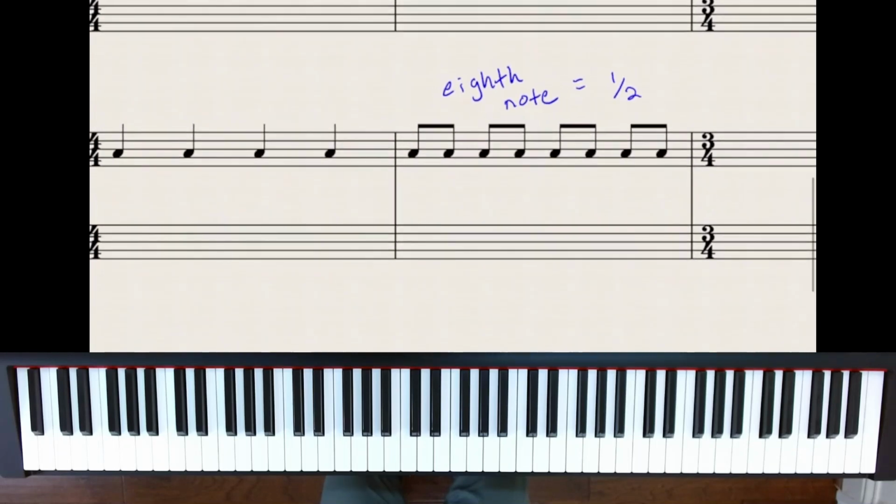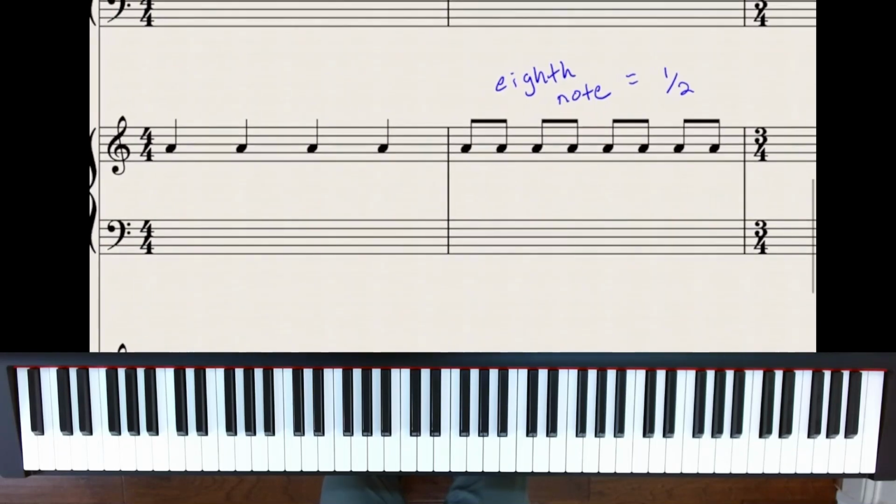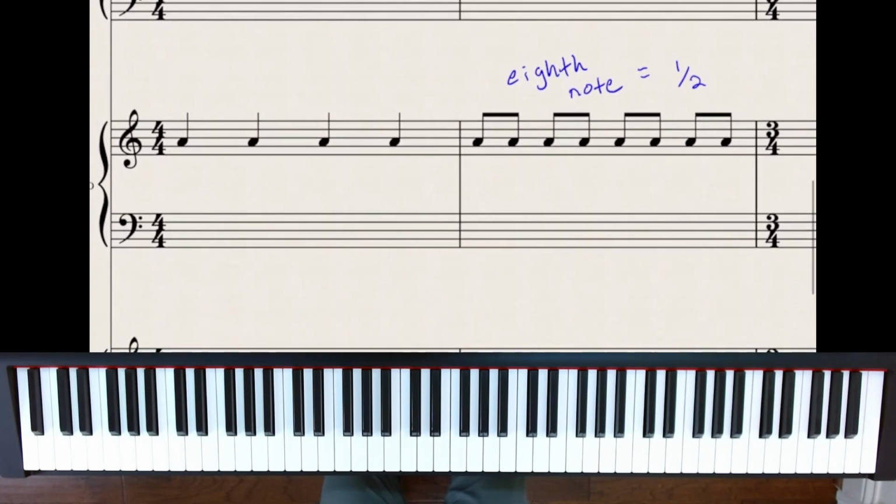So how in the world do we know we're playing a half a beat? Well, we have to go back to that quarter note in order to help us understand where the half beat comes from.